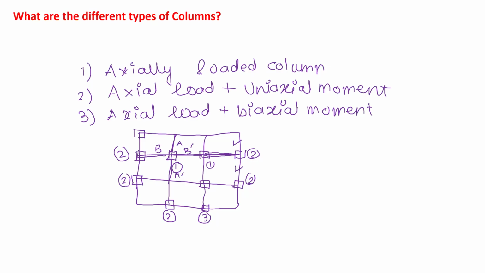At all corners of the periphery, we have axial load plus biaxial moment, because the bending moments due to both beams are unbalanced. So we have to design these three types of column problems in our syllabus.